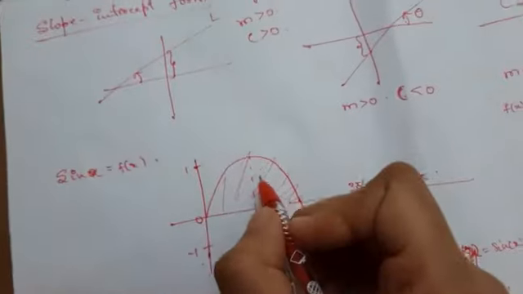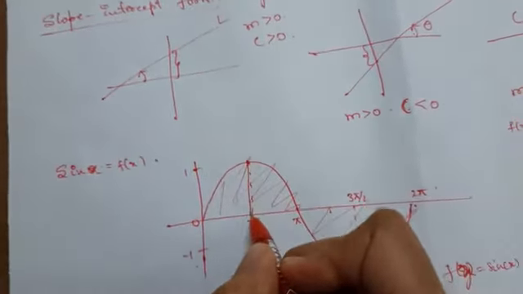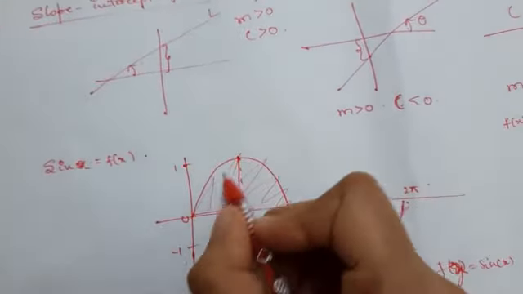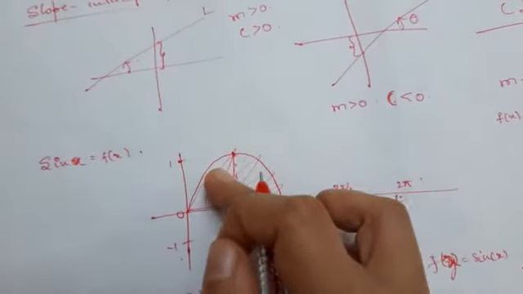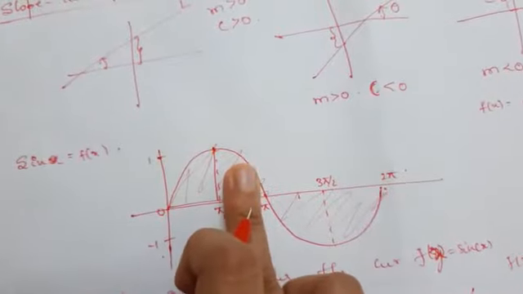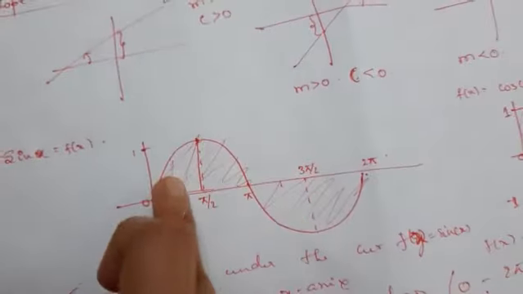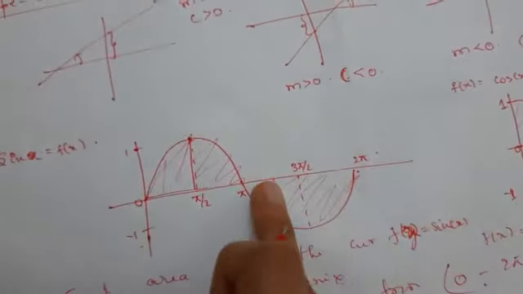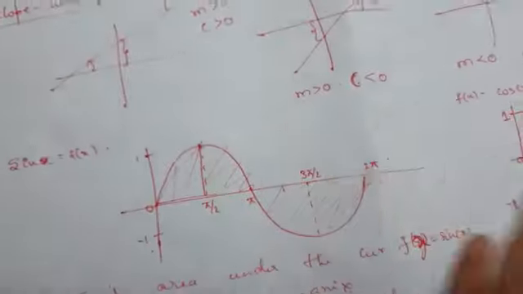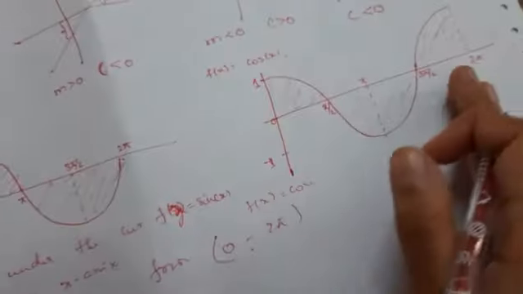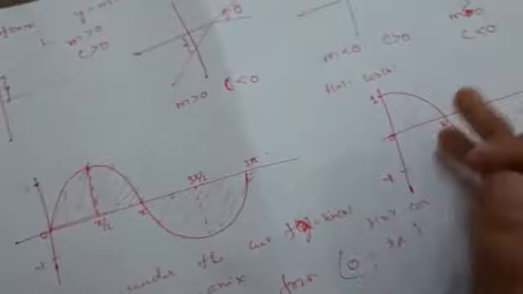So when it comes to the sine or the cos function, we clearly know that if we find this one area, this region is symmetric to this, and this region is symmetric to this, as well as this region is symmetric to this. So all these regions are symmetric with respect to each other in both the sine as well as the cos function.